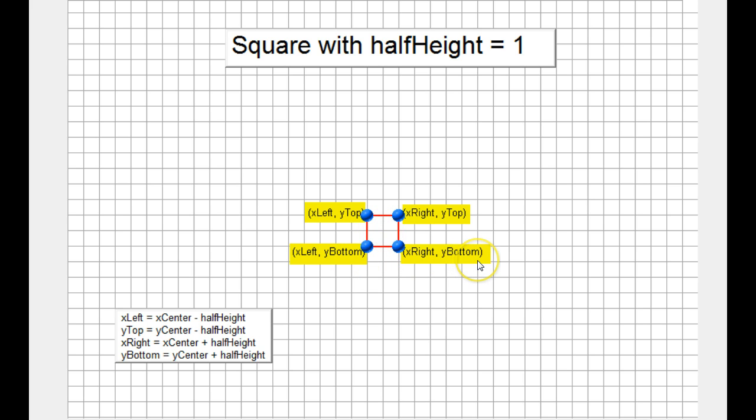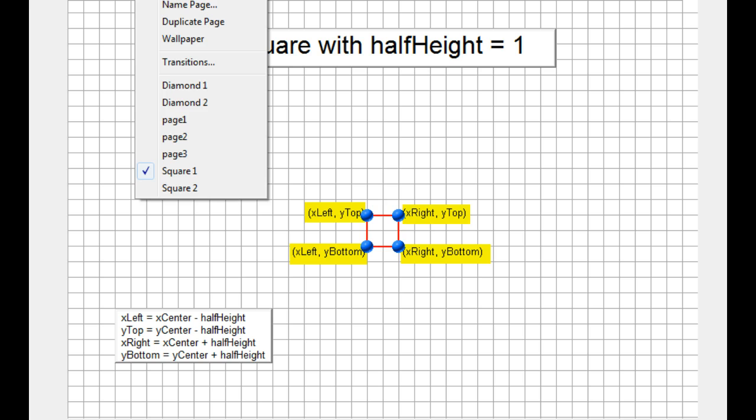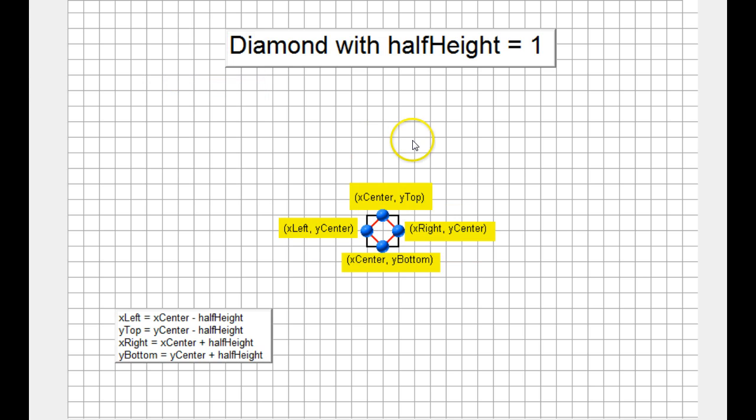All right, so that's our square, and the first diamond that we're going to draw is going to go just inside this one. Let's take a look at that. Now we have these 4. Notice the first square is outside of the first diamond. They both have the same top.